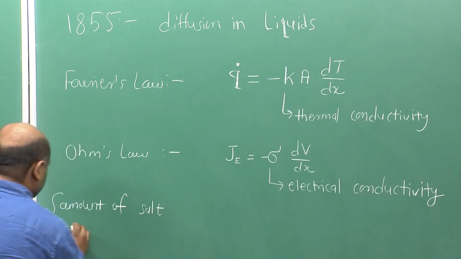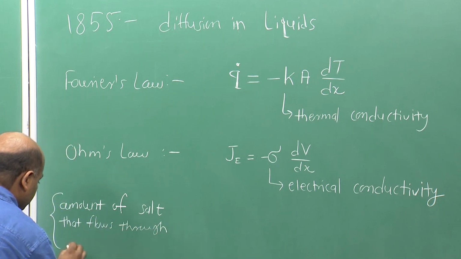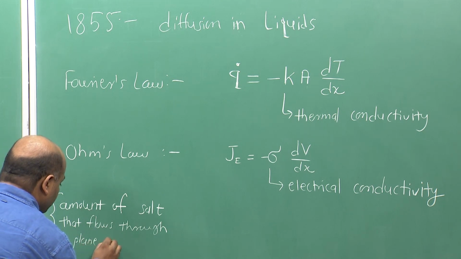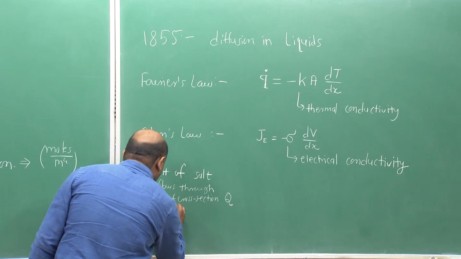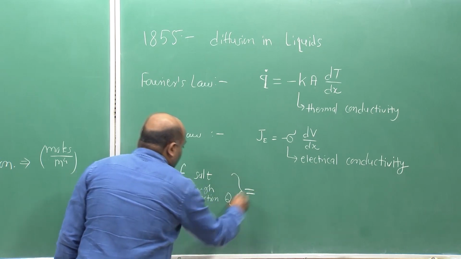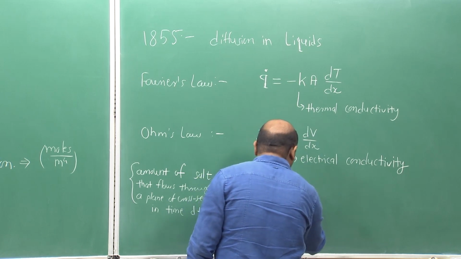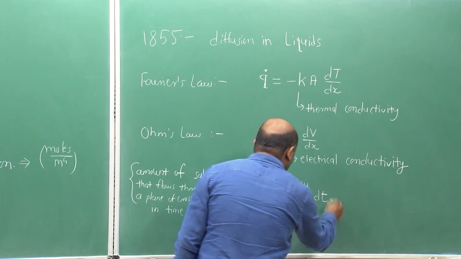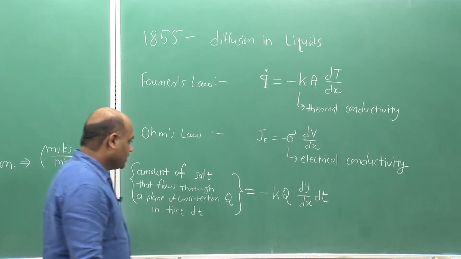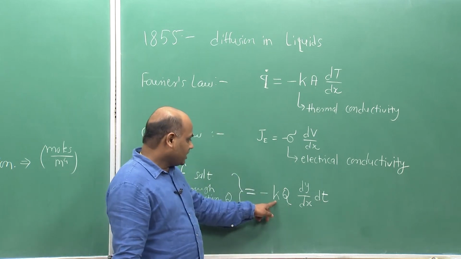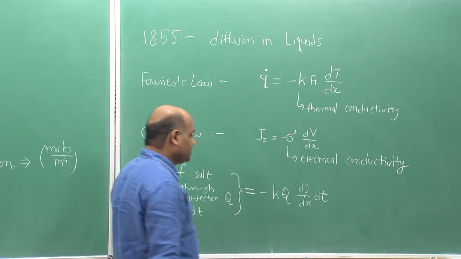minus k q dy by dx times dt. Here q is the cross section area, k is the constant of proportionality, and he denoted y for the concentration, and x is the distance unit.